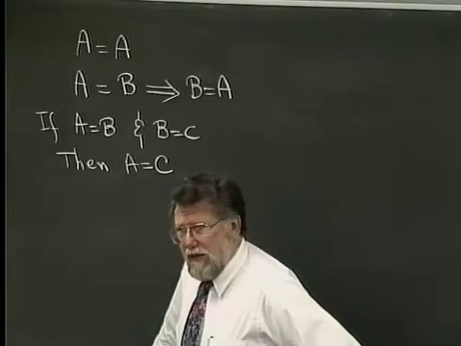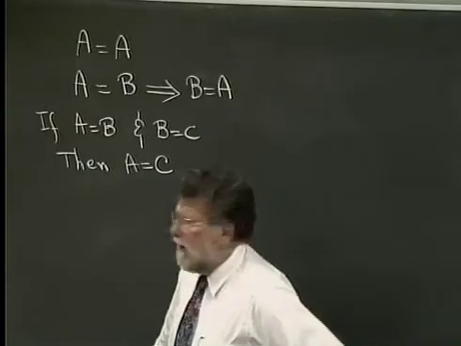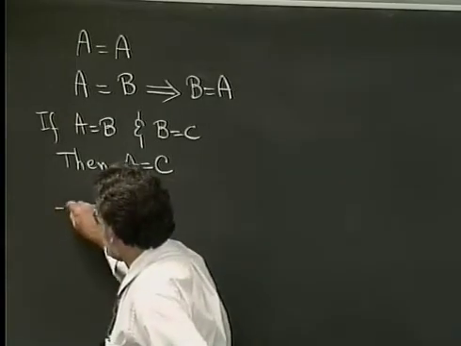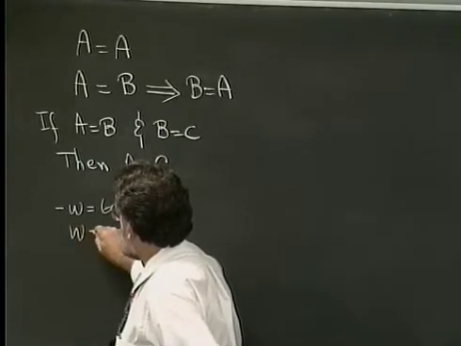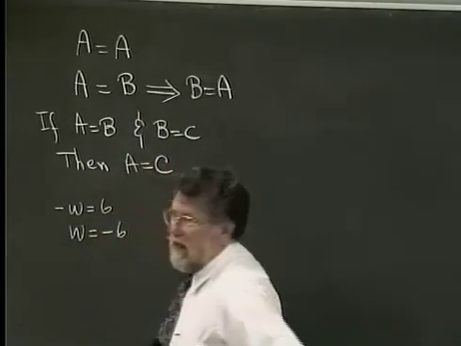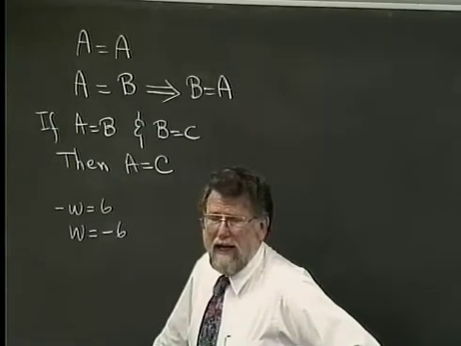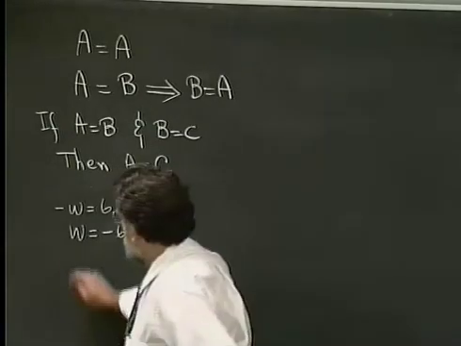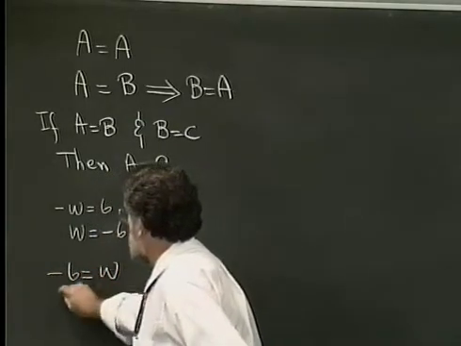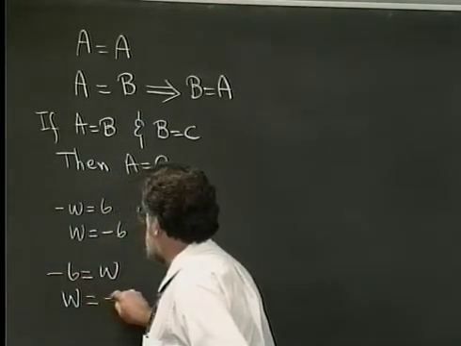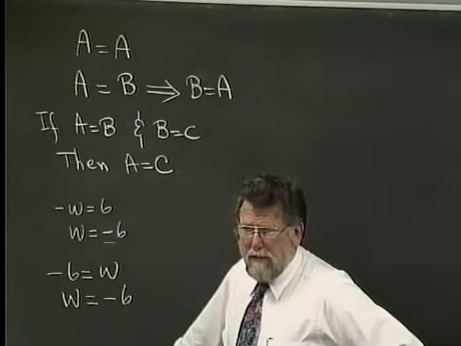And the property that I used in the solution where I said I had minus W equaled 6 and then went to W equals minus 6 is not any of those three properties. That's by inverse. But when I said that in one solution I have minus 6 equals W and then I wrote W is equal to minus 6, that's using the symmetric property.